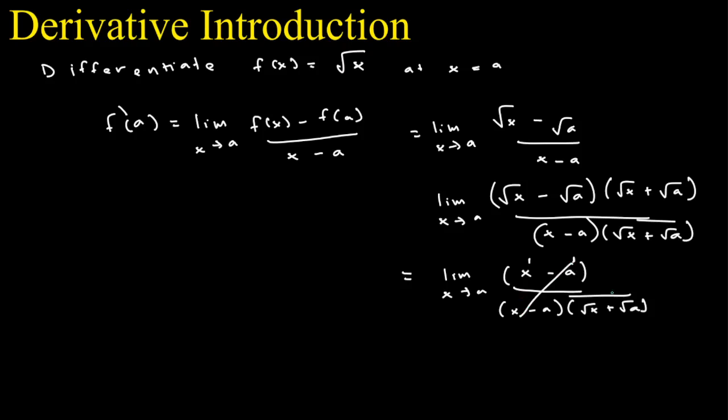This just cancels out, and we're left with the limit as x tends to a of 1 over square root of x plus square root of a. Then we plug in a for x, and that gives us 1 over 2 root a, because you have root a plus root a. That's our final answer.